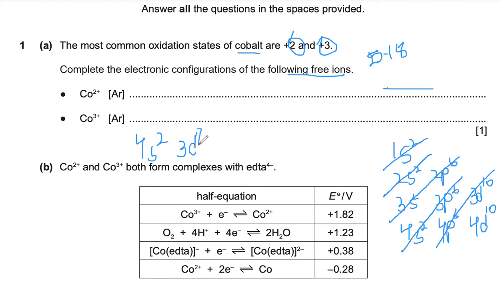Okay, but in Co+2, 2 electrons are being lost, so these electrons would be removed, and it would be 3d7 only. Now in this one, 3 electrons are being removed, which means these two and one from 3d7, so it would be 3d6 and 4s0 for both.